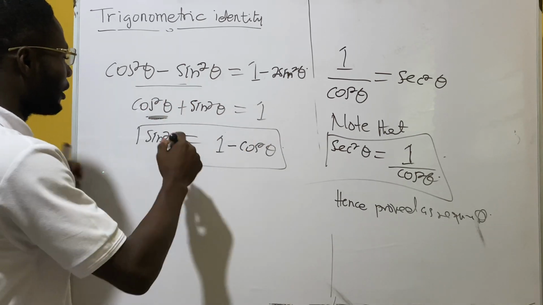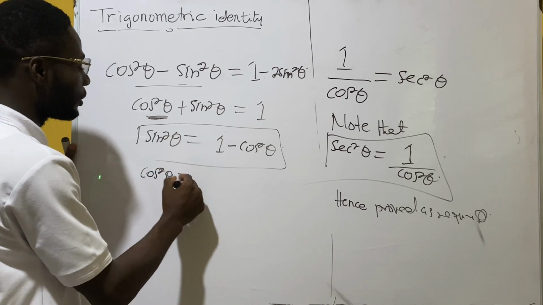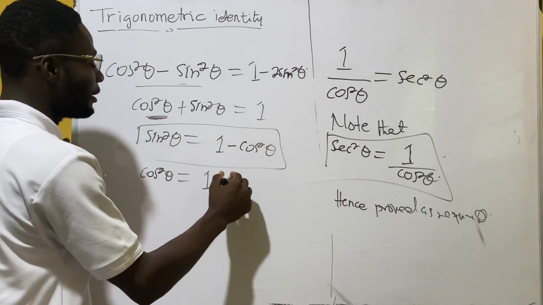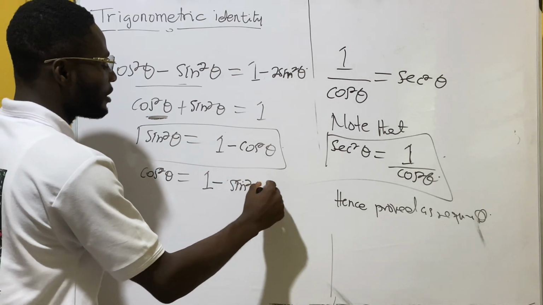But we want to have this, so let's make cos squared theta the subject. We're going to have 1 minus sine squared theta.